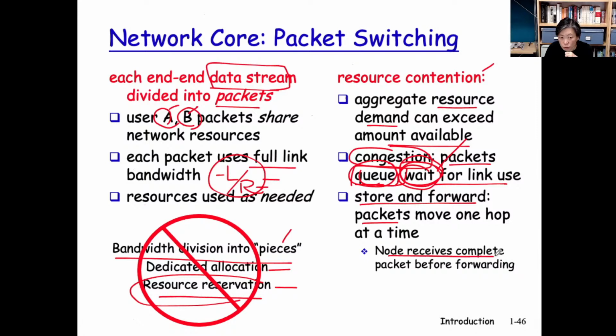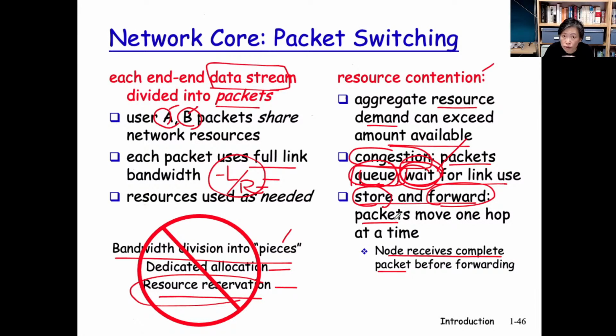The next router will need to receive the complete packet before it can further forward the packet. So this is called store and forward. The router action there, passing packets, is to store the packet first and then forward the packet next.